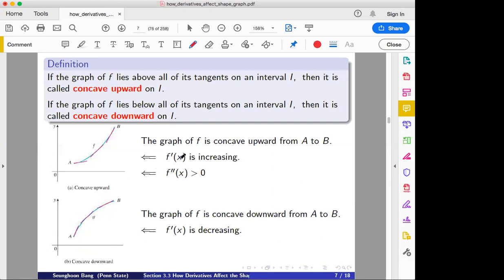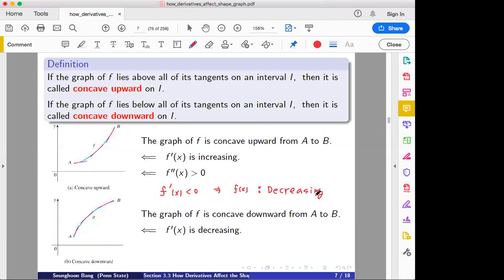So similarly, we can use the increasing, decreasing test. If f prime of x is less than 0, then the graph of f of x is decreasing. This is the increasing, decreasing test.